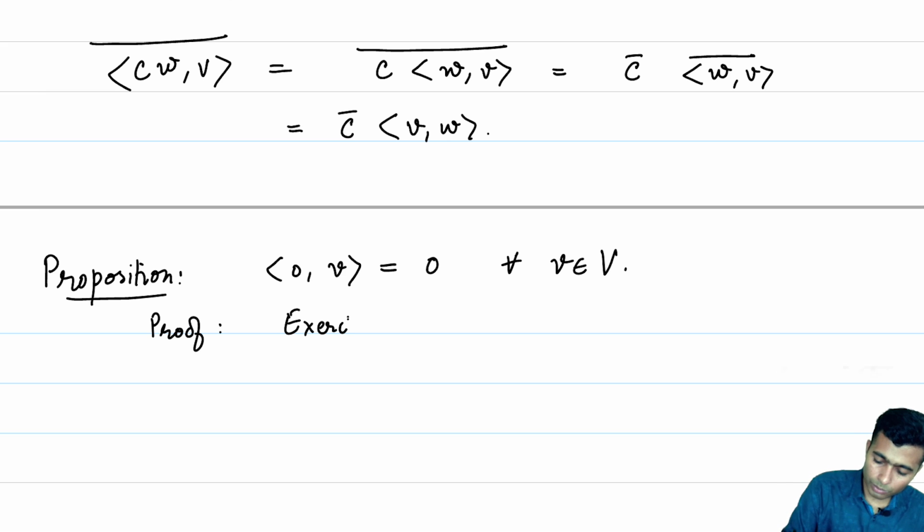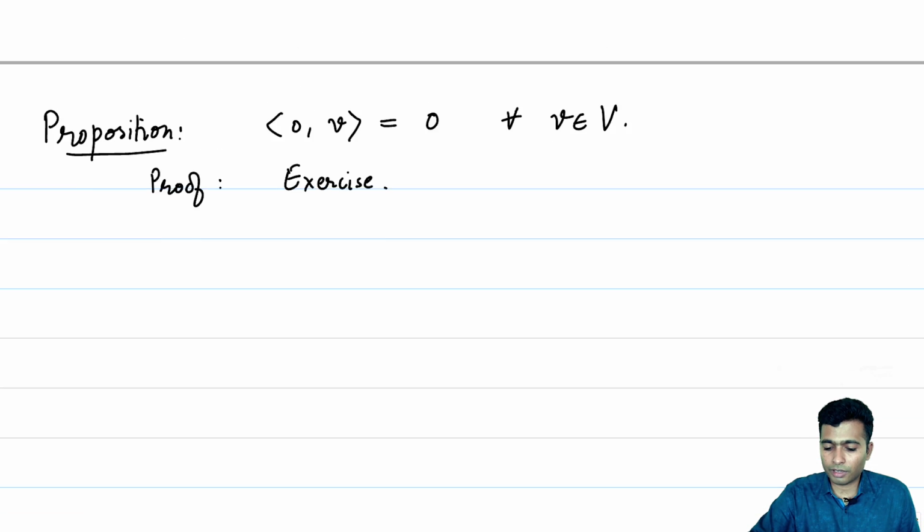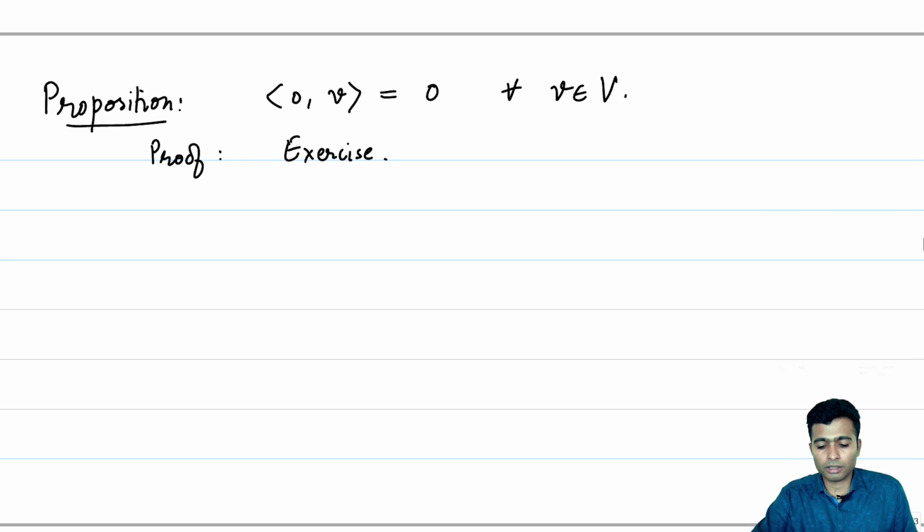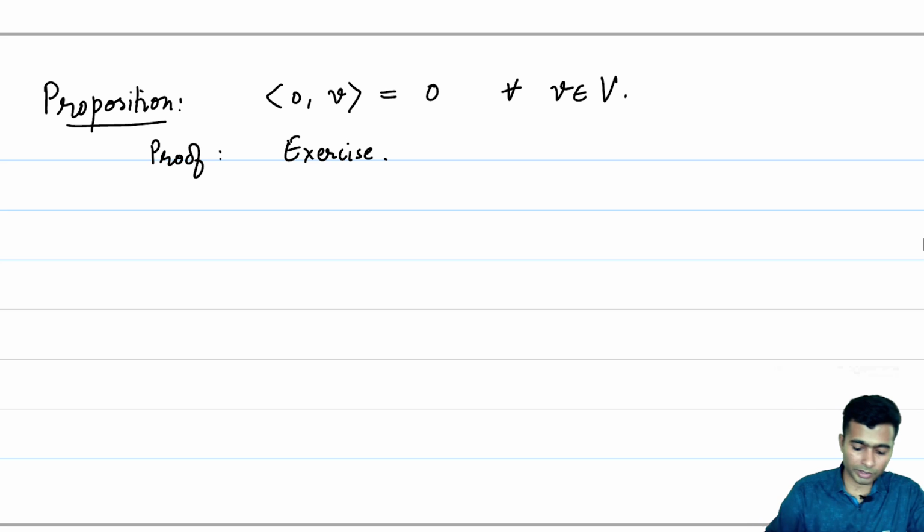One thing to note is that if V is a non-zero vector, V comma V is a positive real number, and therefore V comma V is always going to be a non-negative real number, and it will be 0 if and only if V equals 0. So let me just note it down.